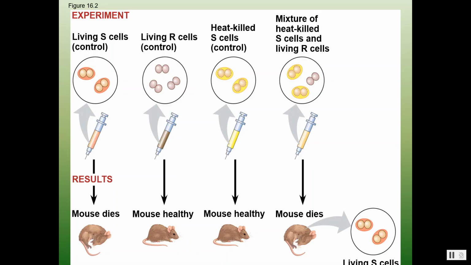What he ended up discovering was when he heat killed the S cells and mixed them with living R cells, he ended up with dead mice, which means it was some sort of factor that went from the S cells, even though they were heat killed and dead, that the R cells were able to pick up and utilize.